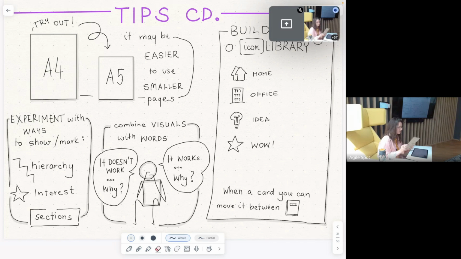I don't know what they were originally made for, but it's so easy to fill them, and I can even sketch an Agile talk on one. Because it's so condensed, it's actually easier for me to focus on the things that I want to remember, because I don't have so much space. So it's a little bit counterintuitive, but try smaller paper or screen.